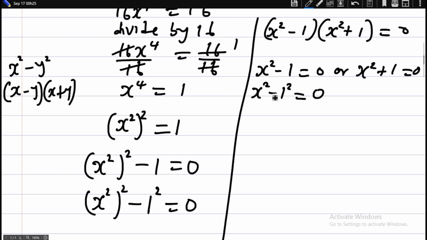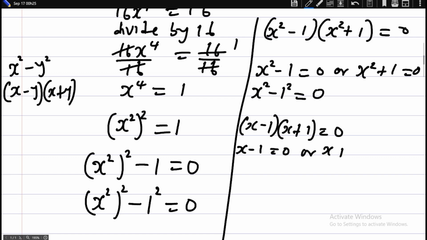This is another difference of two squares, which gives (x minus 1)(x plus 1) is equal to 0. Therefore, another product being equal to 0 means that one of them must be 0. So we conclude that x minus 1 is equal to 0, or x plus 1 is equal to 0. So finally, x is equal to 1, or x is equal to minus 1.